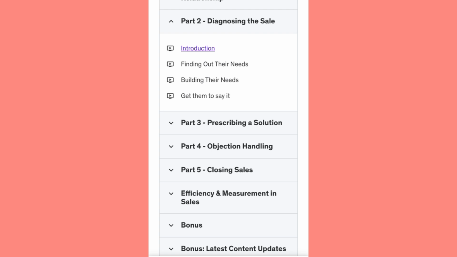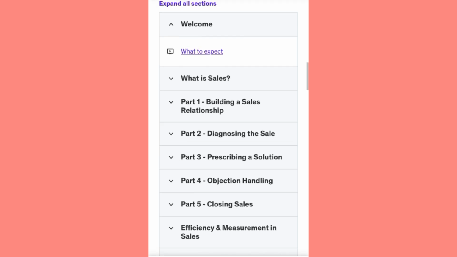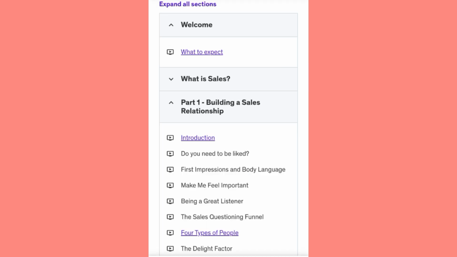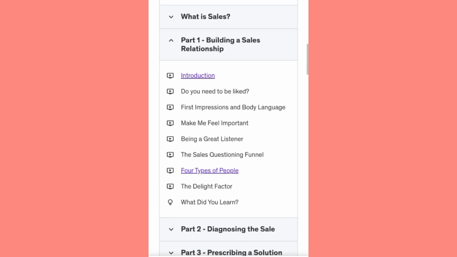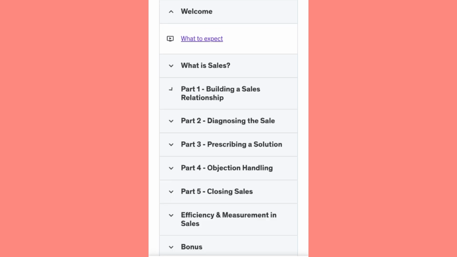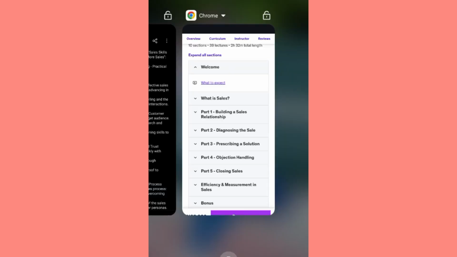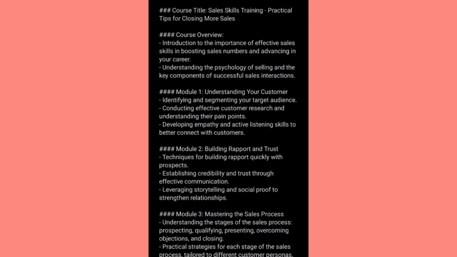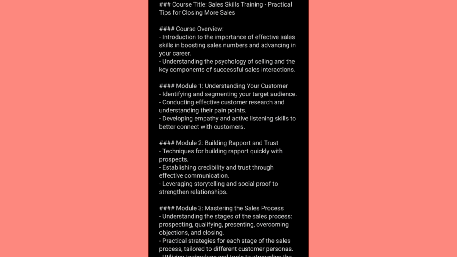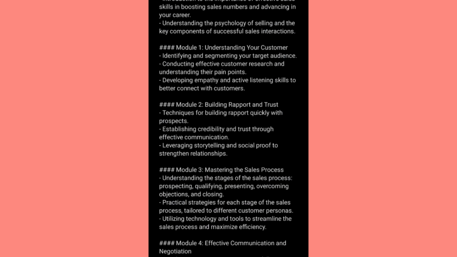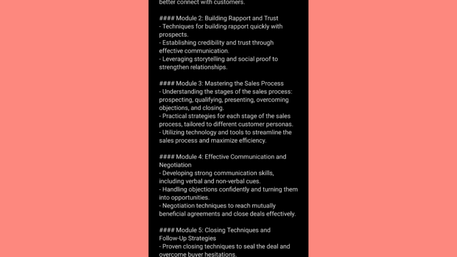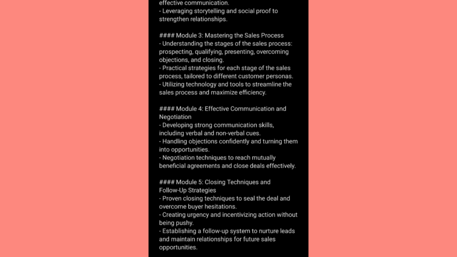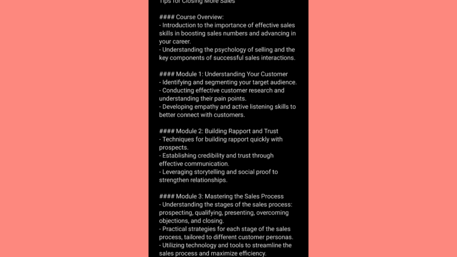Okay, nothing really catches my attention here. These are just normal things that I know you should cover. Building a sales relationship. I think ChatGPT gave me that. Okay, module 2, building rapport and trust. Techniques for building rapport quickly. Okay, effective communication, closing techniques, and follow-up strategy.